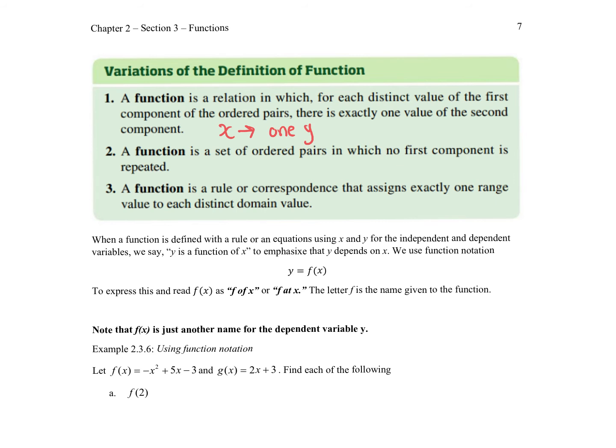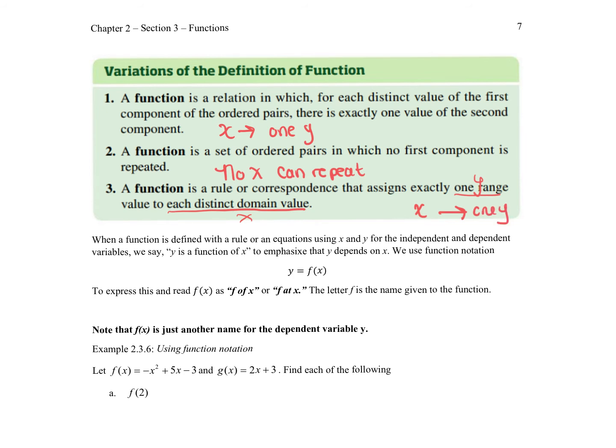Number 2 says a function is a set of ordered pairs in which no first component is repeated. That's what I've been saying, that no x can repeat. Number 3 says a function is a rule of correspondence that assigns exactly one range, one y value, to each distinct x value. That means every x goes to only one y.